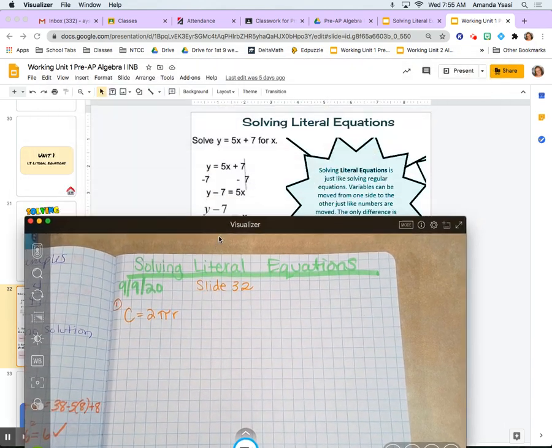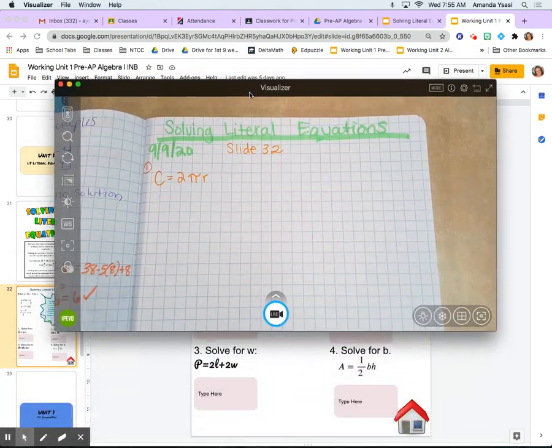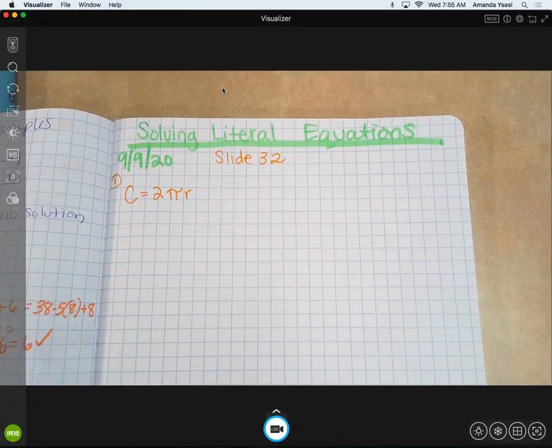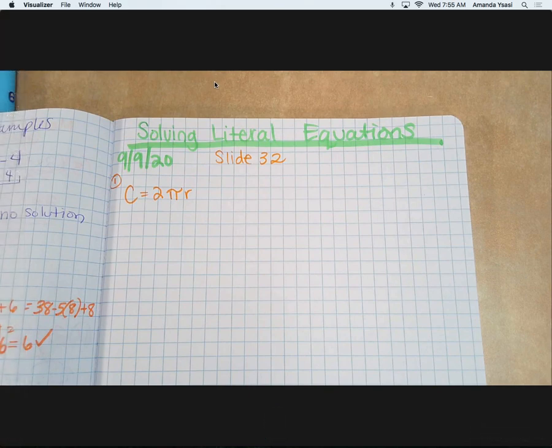And this says we are solving for R. Yeah, this is the formula for circumference.